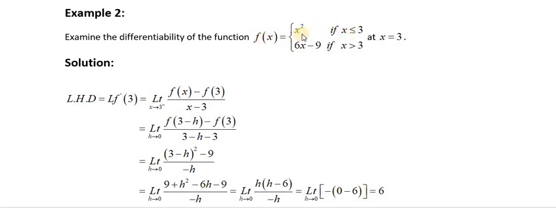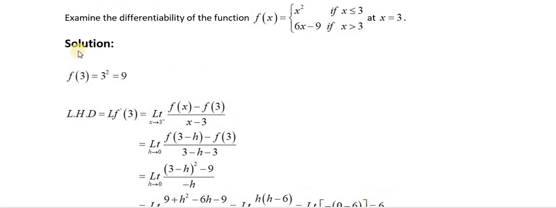This f of x equal to x square we are going to use while finding f of 3 and LHD values. And also f of x equal to 6x minus 9 if x is greater than 3. This one we are going to use while finding RHD.